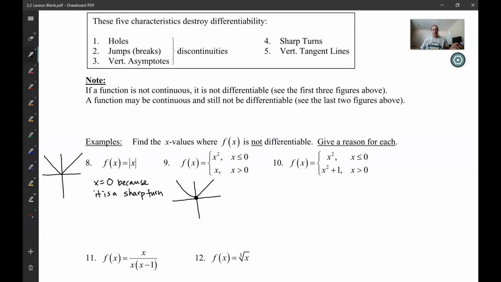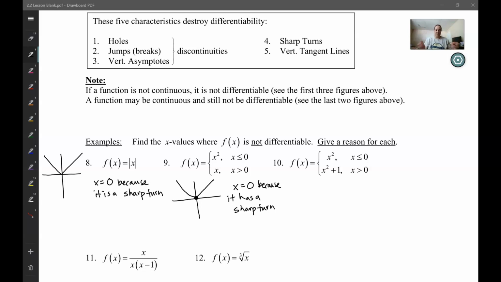Nope, they meet up perfectly. Do I have any vertical asymptotes? Nope. Do I have any sharp turns? Yes. Once again, right there, that's a sharp turn. It goes from one smooth line to one sharp turn line. So we would say this one is also not differentiable at x equals 0 because it has a sharp turn.